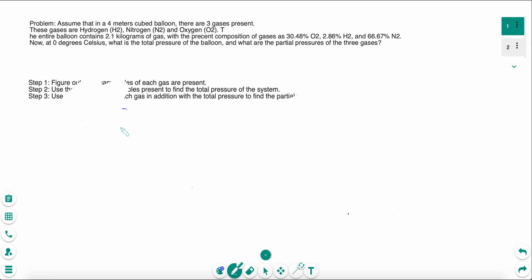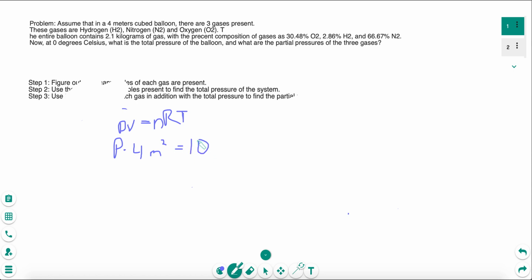But anyway, so we have PV equals nRT. The pressure is what we need to figure out. So P times V, and our V is 4 meters cubed, is equal to nRT, and n is the number of moles.